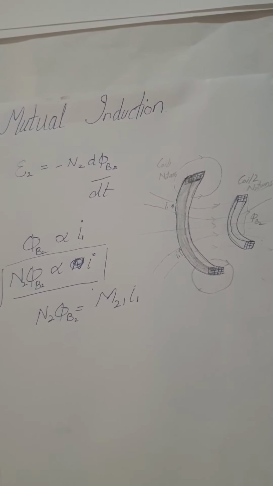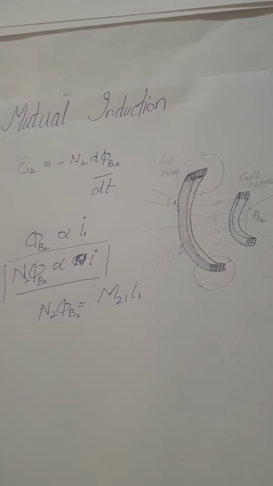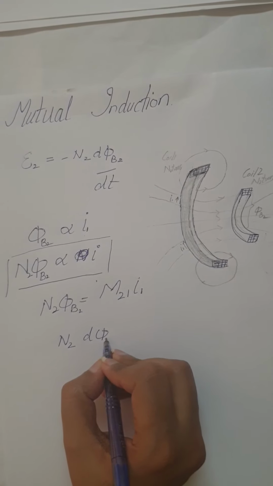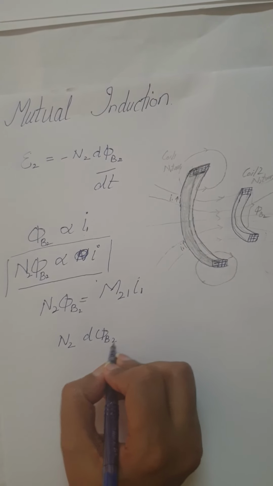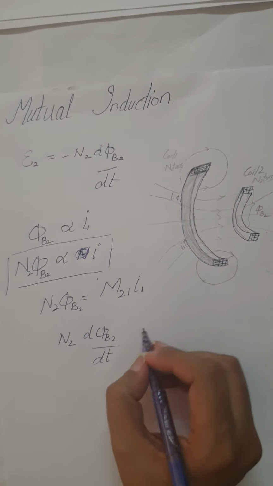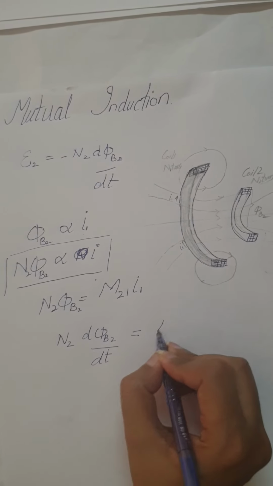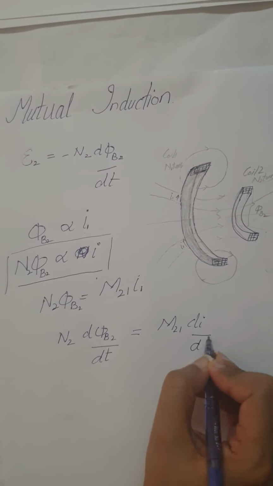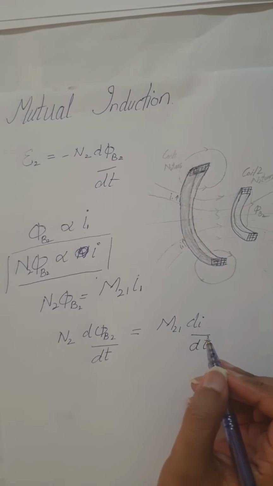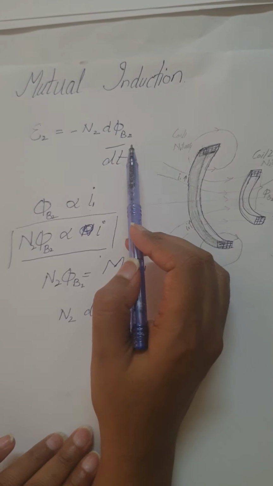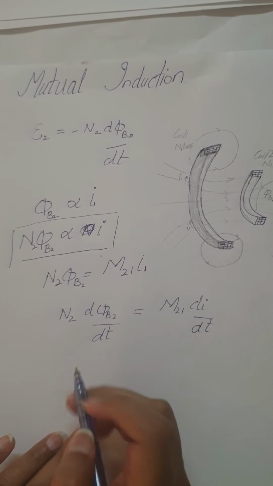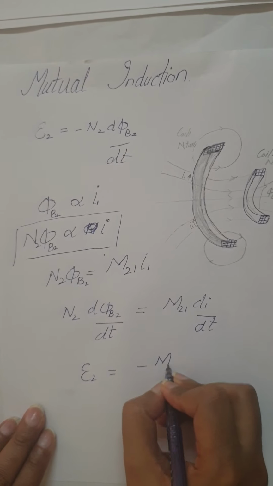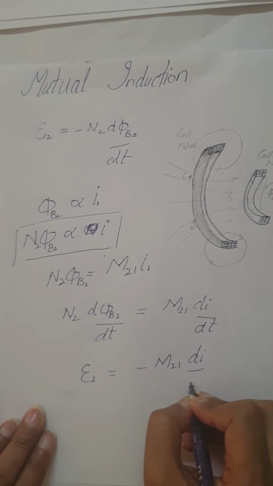Here phi B2 is the flux through a single turn of coil 2, and we can write N2 d phi B2 over dt is equal to M21 di1 over dt, and so using this equation, we can write the induced EMF is equal to minus M21 di1 over dt.